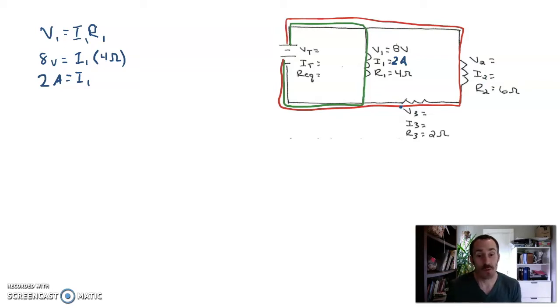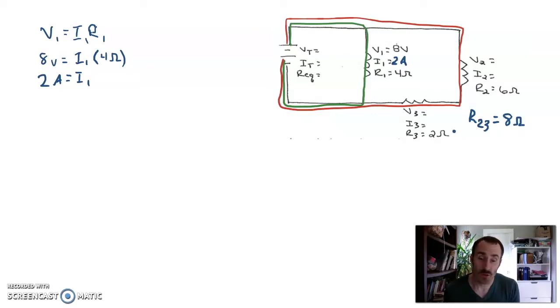Okay, and so I'm going to add up the resistance for that branch, and then use that branch resistance in parallel with R1. Okay, and so this is R3, this is R2. When I add them up, I get 8 ohms altogether. So the total resistance of this branch, or R23, that's what I'm going to call it, is 8 ohms.